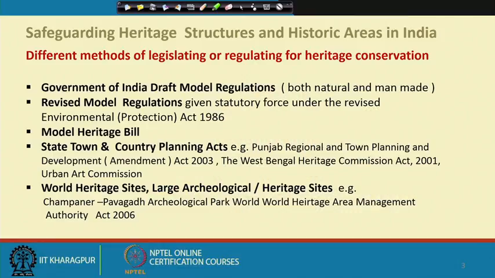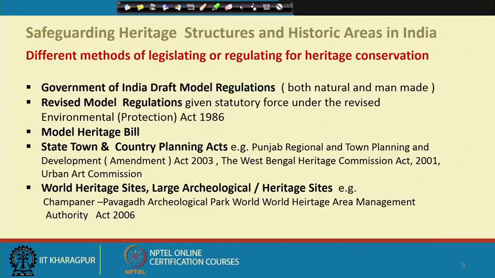And also what we have to see, there are the large archaeological and heritage sites, which are World Heritage sites like Champaner-Pavagadh Archaeological Park, which has World Heritage Management. So, there are various World Heritage sites, and we need to coordinate not only under the UNESCO guidelines, but also the local authority plan.